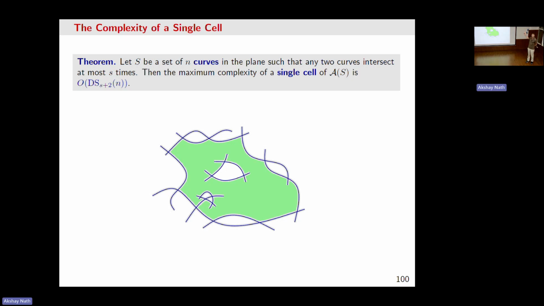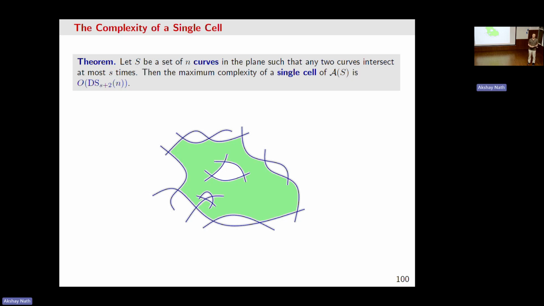By the way, the bound for the upper envelope, that's tight. So there are collections of curves, each pair of which intersects at most s times, such that you really have the same bound as for the Davenport sequence. For every s? For every s, I think.